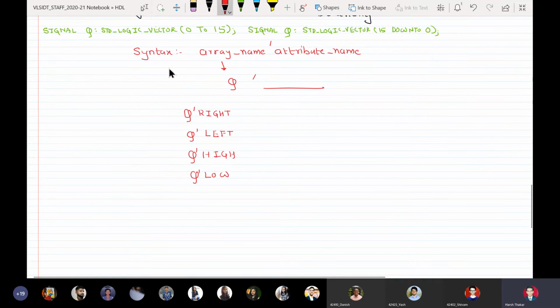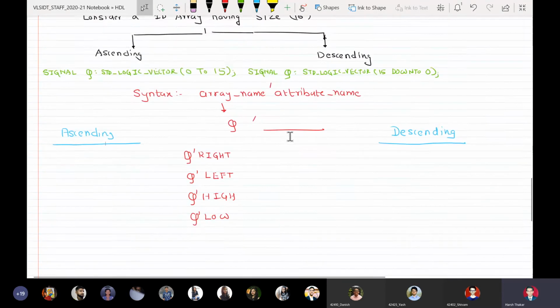And we are going to write down what will be the return value for ascending arrays and descending arrays, when these attributes are applied to each.